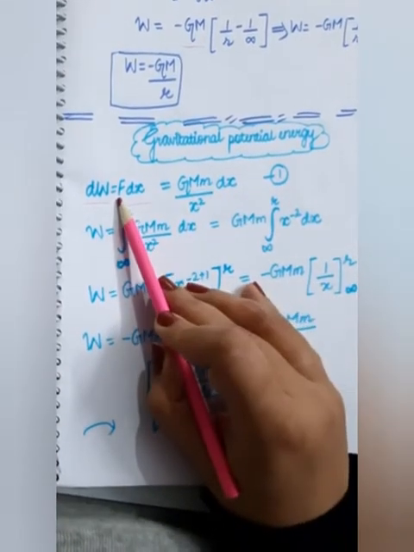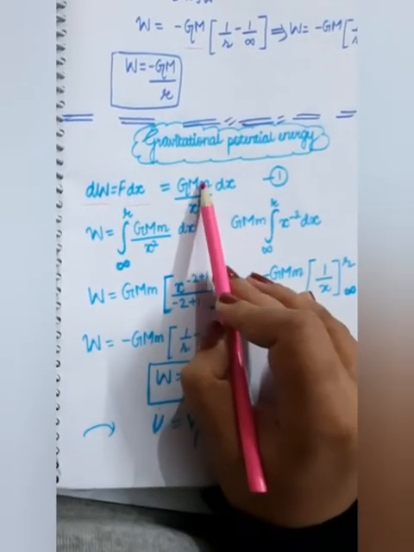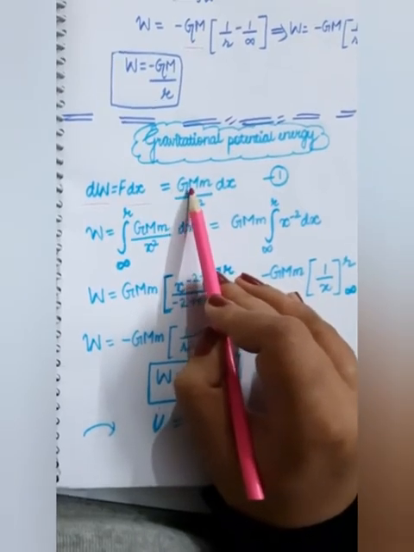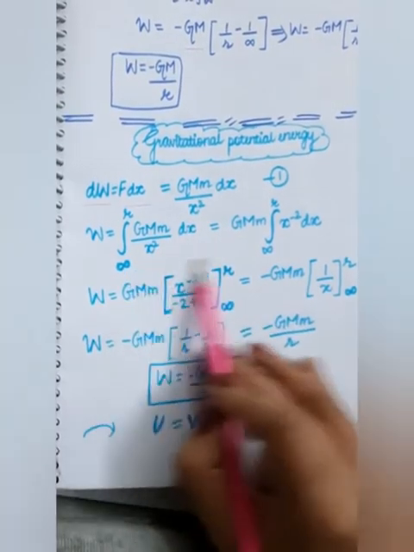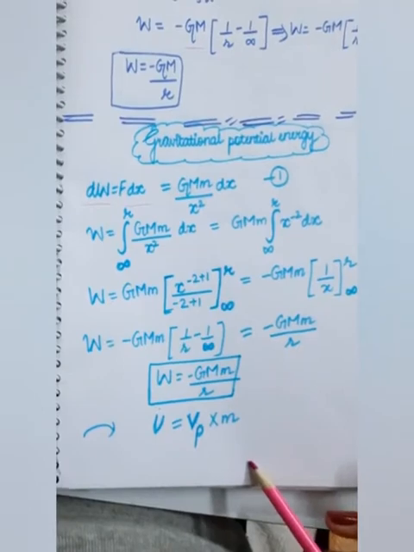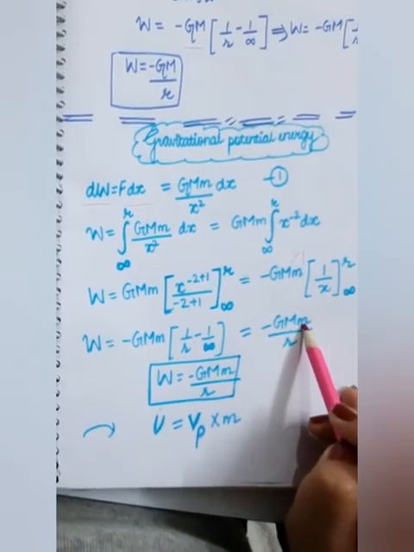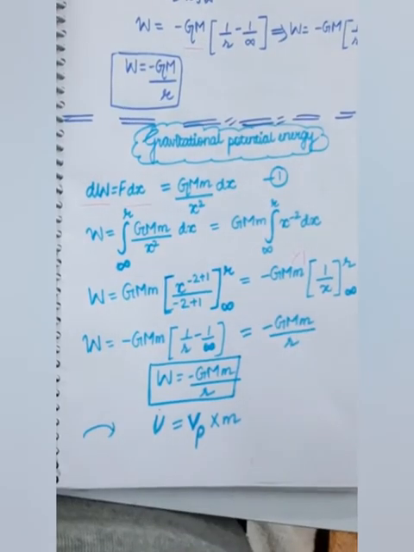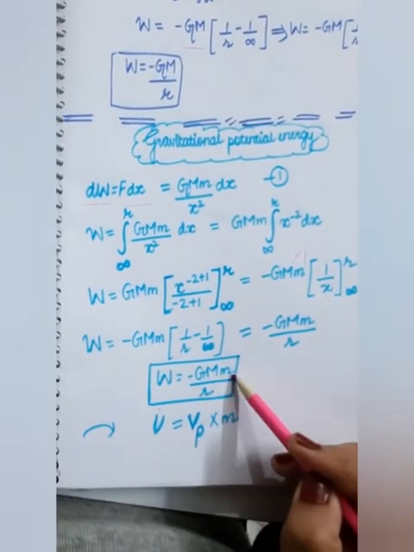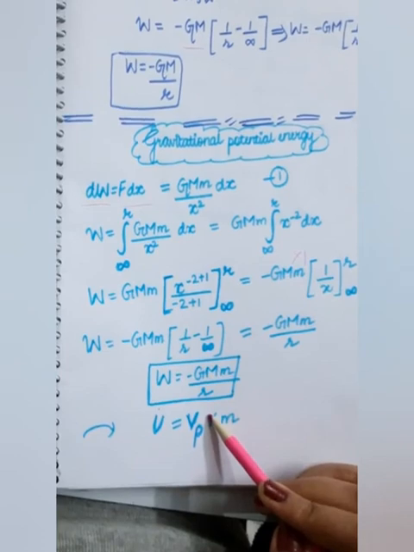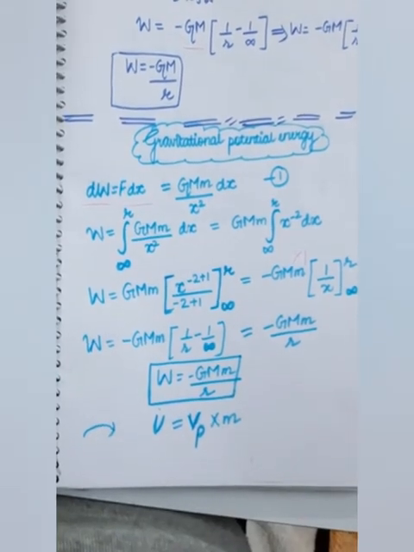But here force will not be taken with respect to unit mass. Here the formula will go like GMm upon x square. All the steps are same. It's just that in place of 1, small m will appear. And ultimately you are going to get W is equal to minus GMm upon r. Okay, so this is gravitational potential energy.